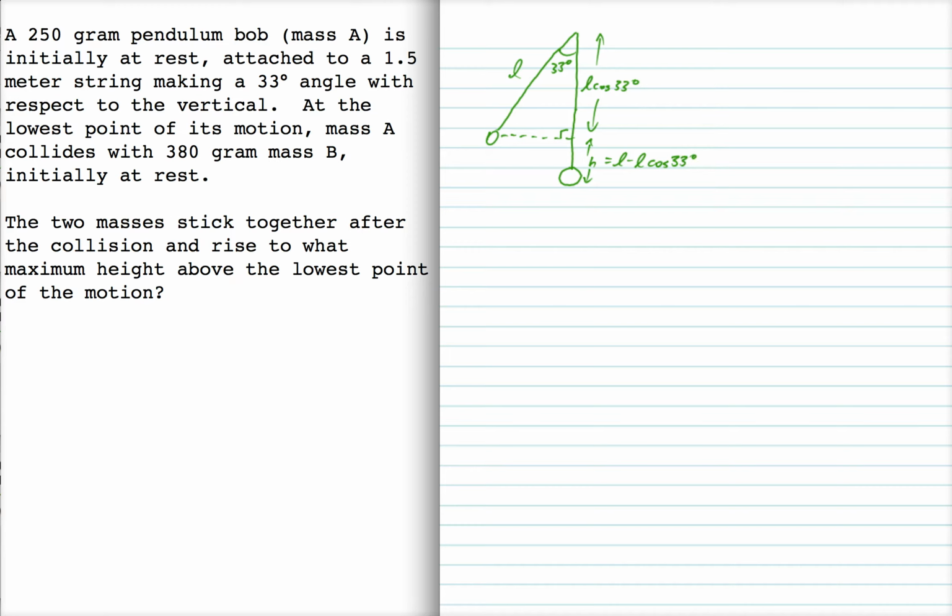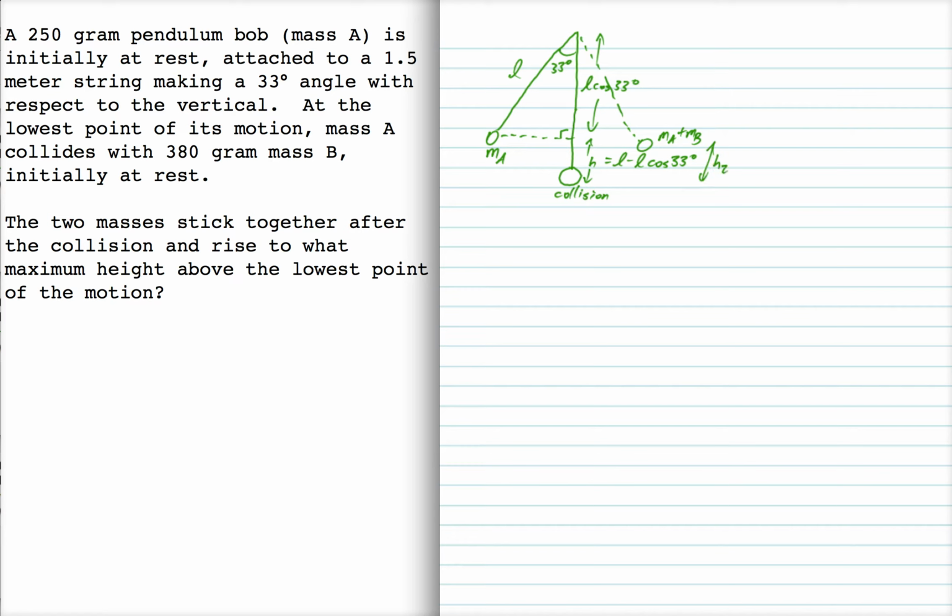Now this pendulum has a mass of mA, and then there's this collision, and then it rises up to some new height over here, where it's mA plus mD. Right, and we want to find what is that second height.